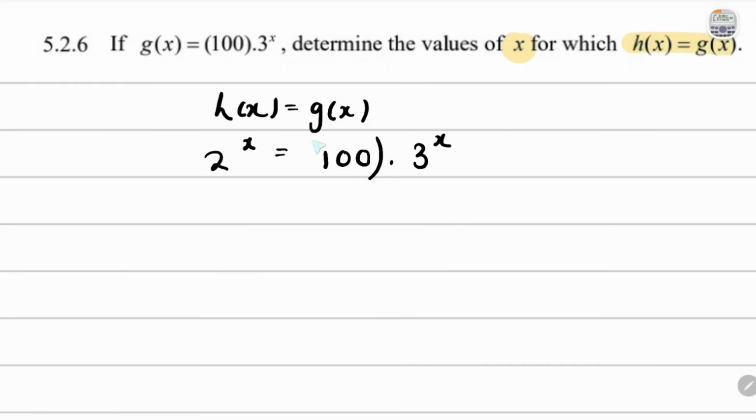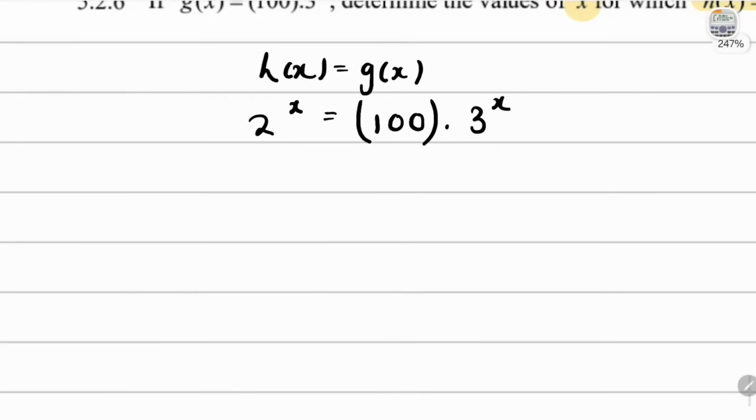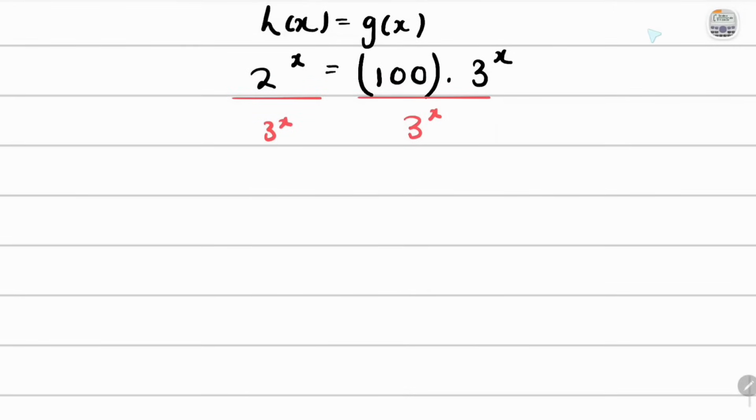Now to simplify this, you see that this has an exponent of x and that also has an exponent of x. So they can be expressed together as a fraction. What we can do is just divide both sides by 3 to the power of x. This now means that 2 to the power of x over 3 to the power of x is equal to 100.